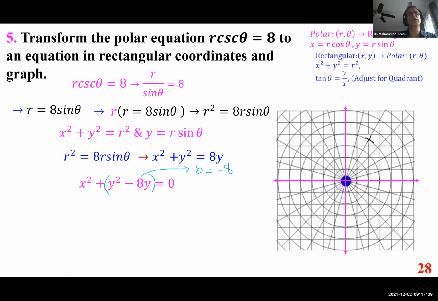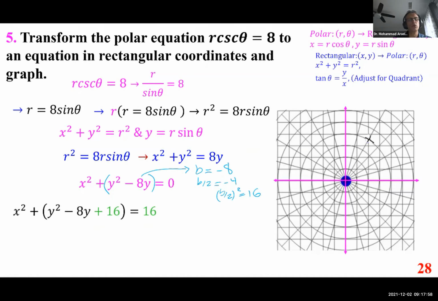In this case, b is -8, divided by 2 becomes -4. Square it becomes a +16. We add it to both sides. So this remains, this becomes y minus 4 quantity squared equals 16.